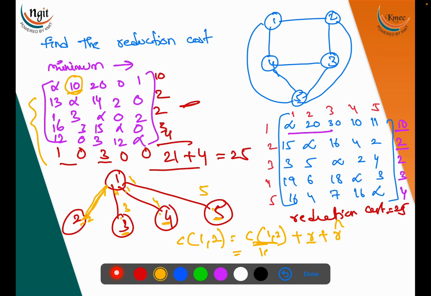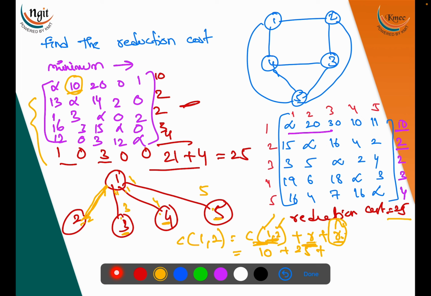It is 10. So what is reduction cost? It is 25. This R cap value, you have to find it out. How can I find this R cap value? If I wanted to find the cost of 1 comma 2, make first row infinite, second column infinite. Now again apply reduction.